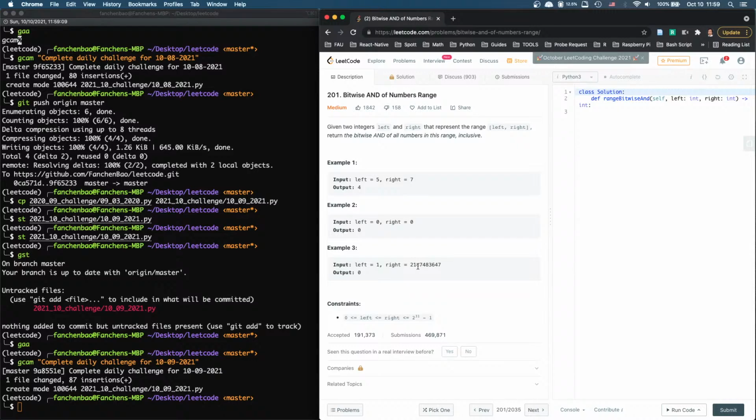Well, it's not. I mean, 5 and 7. 5, and what's 6? 6 is 110, right? And then if you AND them, as long as there is a 0 appearing in any position, we're going to have 0 at that position.